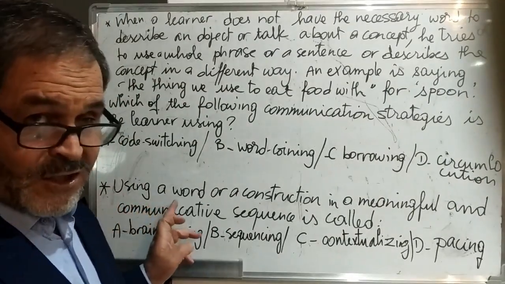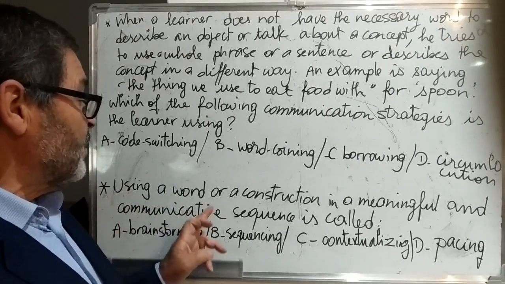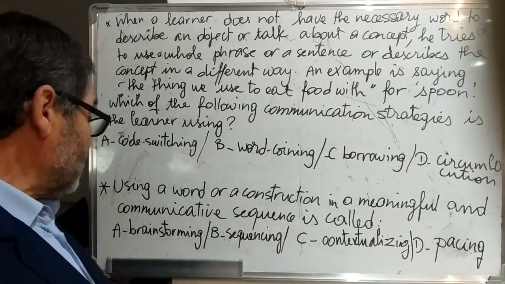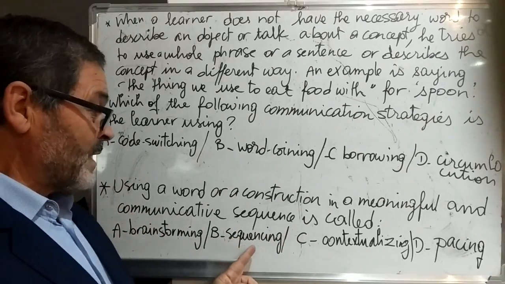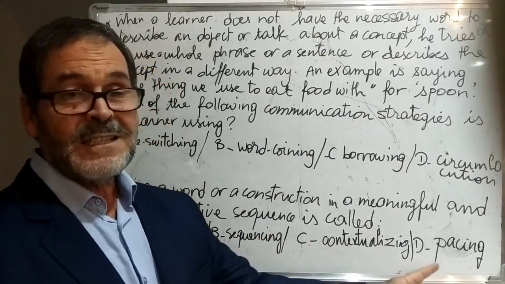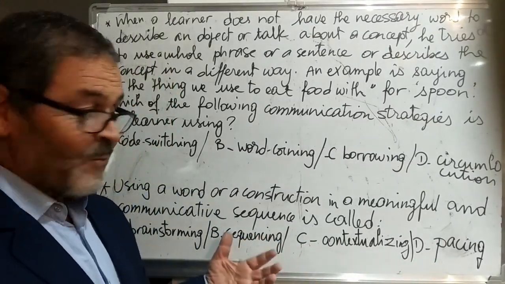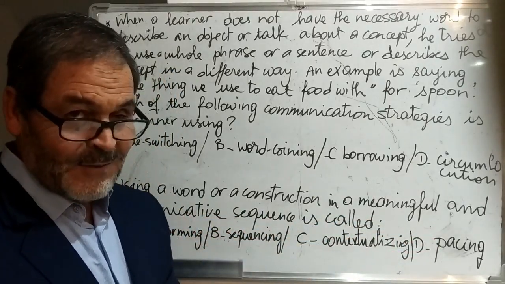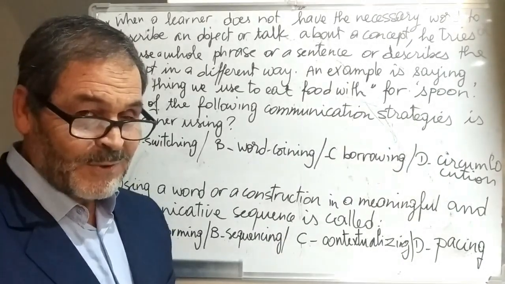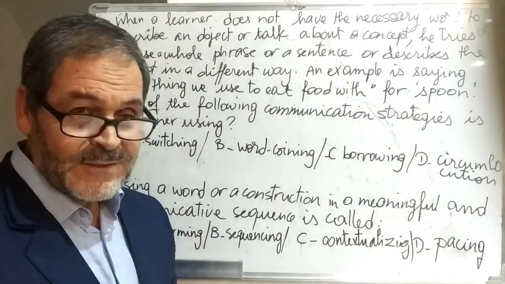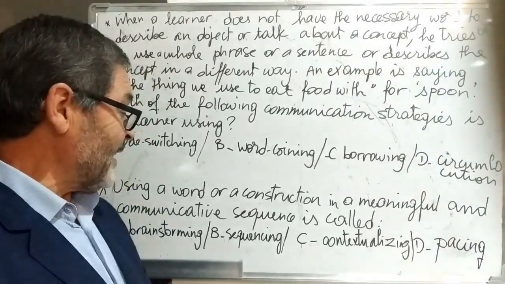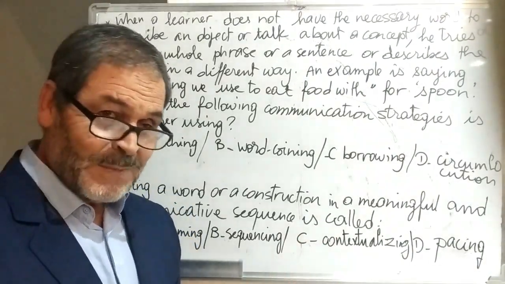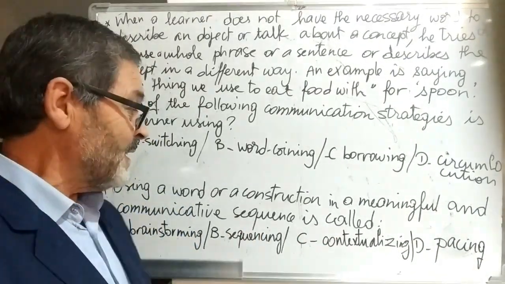And the last question: using a word or construction in a meaningful and communicative sequence is called brainstorming, sequencing, contextualizing, or pacing. So here, what is the meaningful and communicative sequence? Of course, when we read in methods and approaches, we have to know the terms and the words exactly. It is contextualizing, when we use context, maybe for reading or for writing or for listening too.